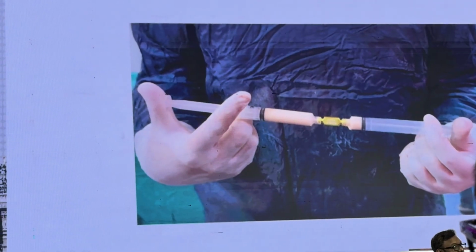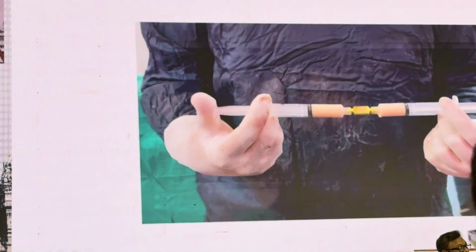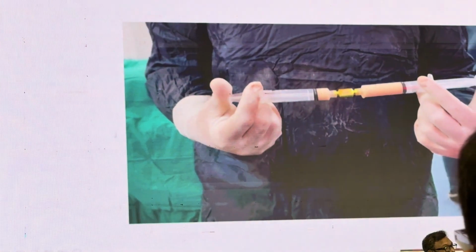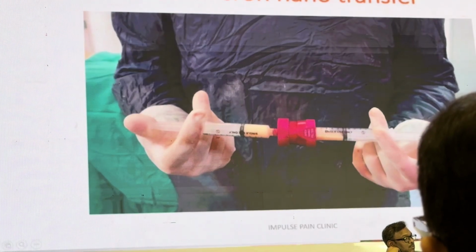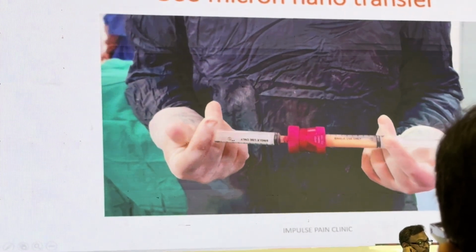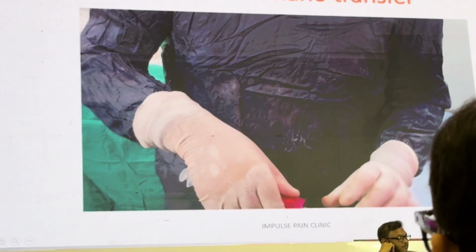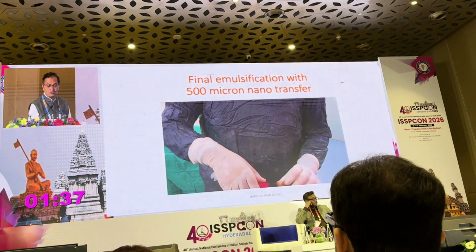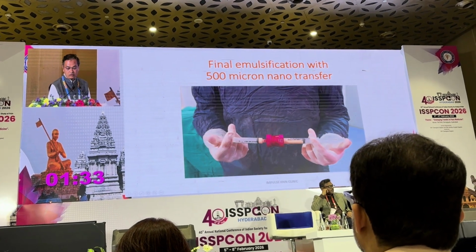This is the last, 0.8 nano transfer, and every time usually 15 to 30 times we transfer the fat from each syringe. And the last one is the 500 micron size nano transfer. With the final emulsification, we get a very small granular fat size, and we can inject with a 22 to 20 gauge needle inside the knee joint and whatever pathology we want to treat.